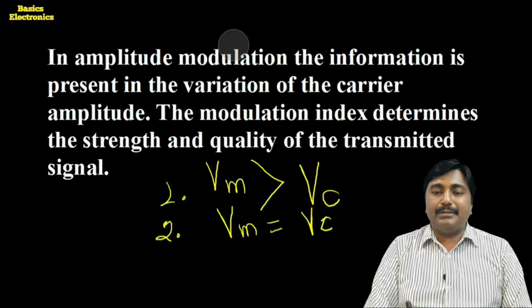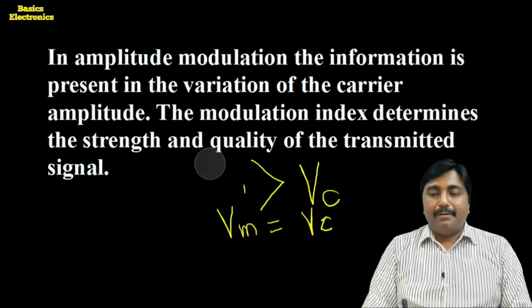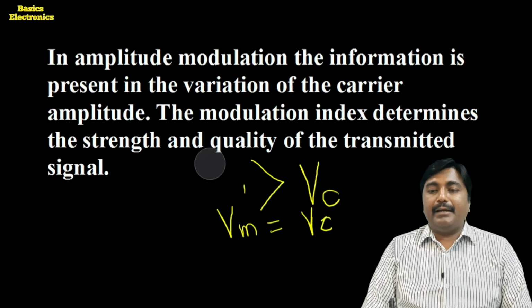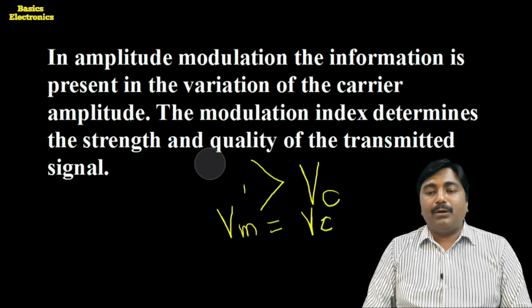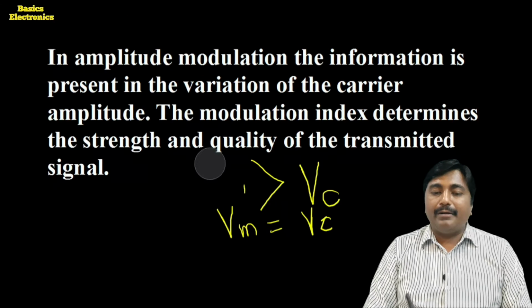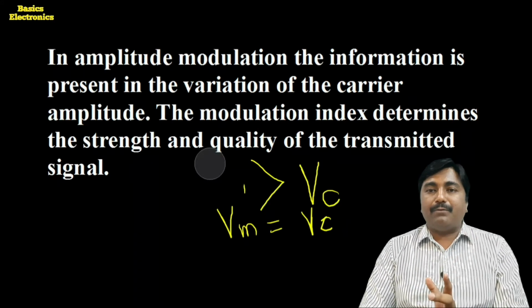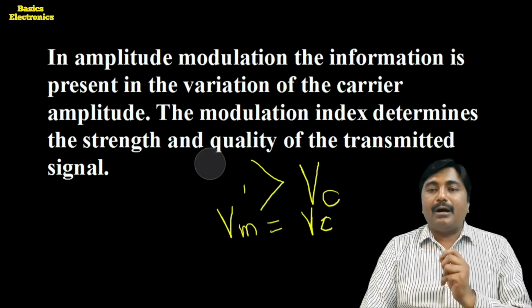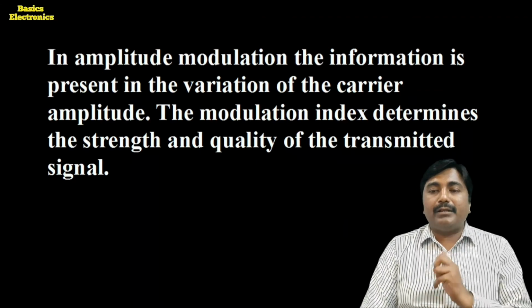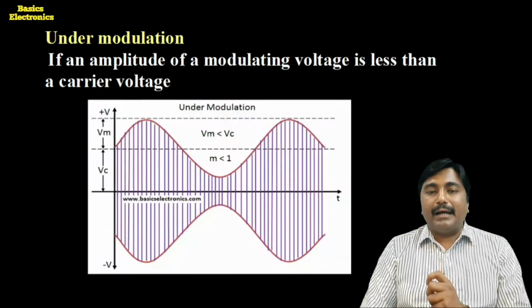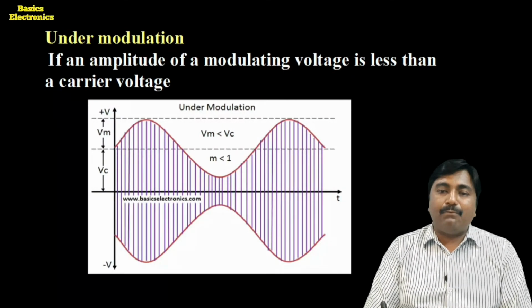We will see these three conditions one after one, and also the effect of these values of Vm and Vc on the output waveform. So we have to draw the output waveform, or you can draw all three output waveforms and then describe them one by one.